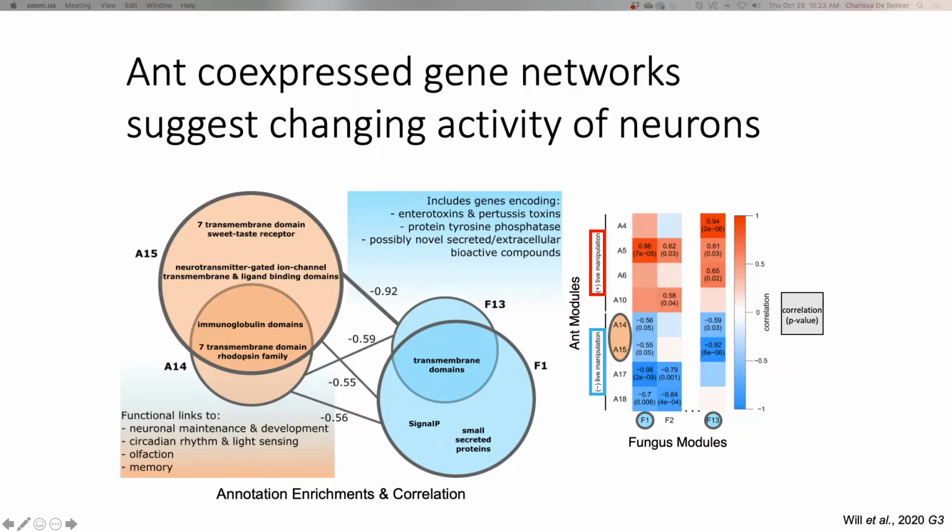So we found an overrepresentation of genes that all have a secretion signal, so are predicted to be secreted. And that makes sense if you are looking for interactions between the host and this fungal parasite that lives inside this host.